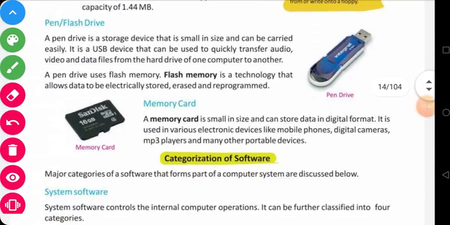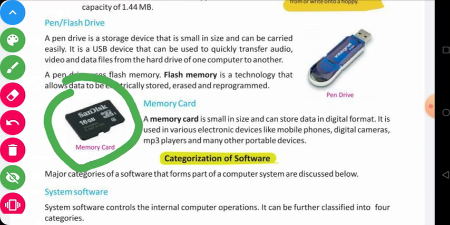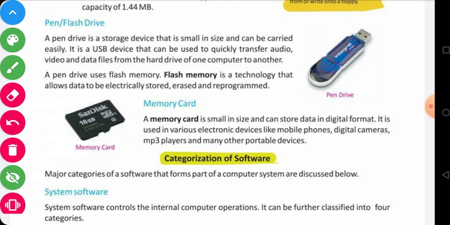Okay, and the next one is memory card. As you can see in the image of the memory card, this is a memory card of SanDisk brand, and its capacity is 16 GB. In which device is a memory card generally used? In our smartphone. Okay, because we need to store various kinds of video files and photos.